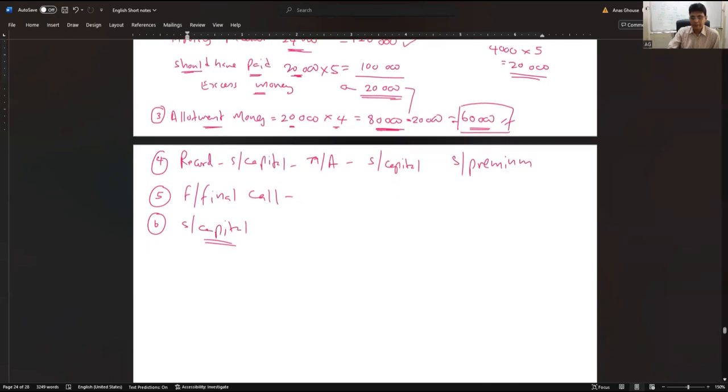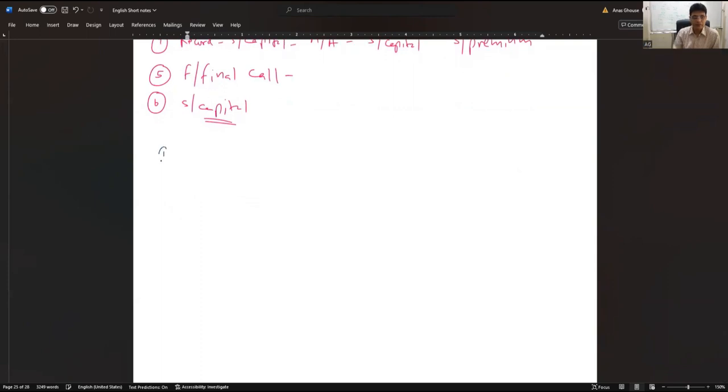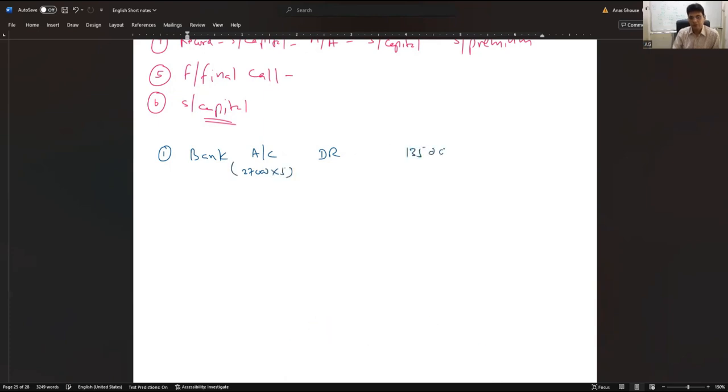First of all, let's write down the double entries. Okay. First one, 27,000. The bank account should be debited with 27,000 times 5 applications, which is 135,000. Then the application and allotment account should be credited with 135,000.